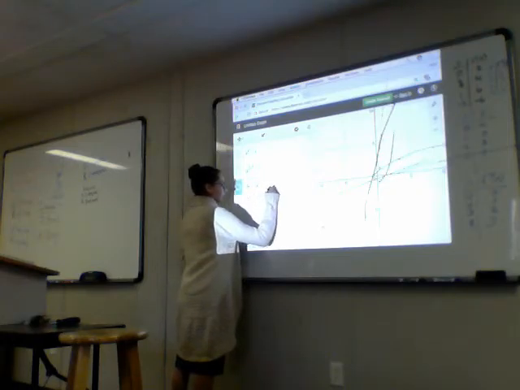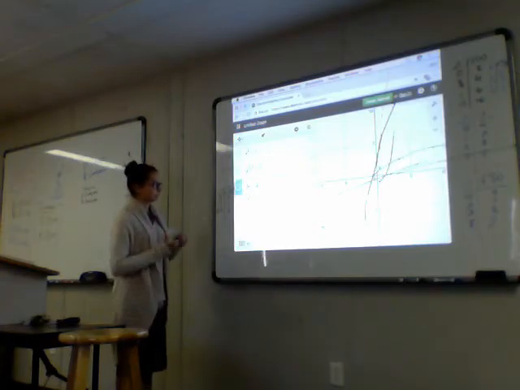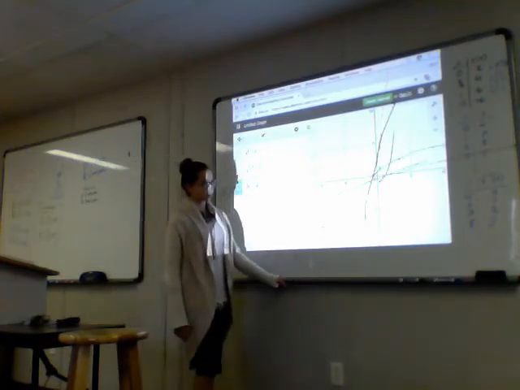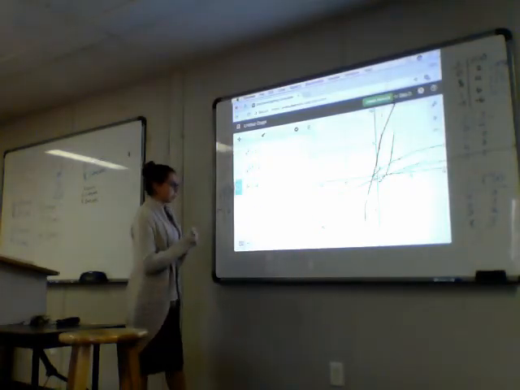Now, what card did you use? You used black for your inverse. So can you show me how to write the equation for your black line? How do we figure out the equation for your black line?